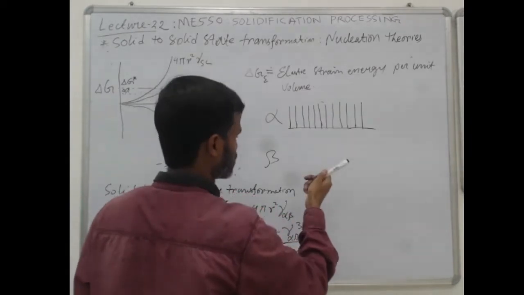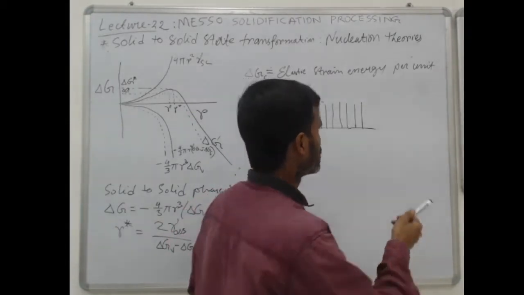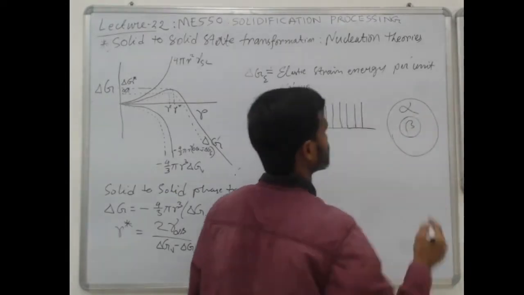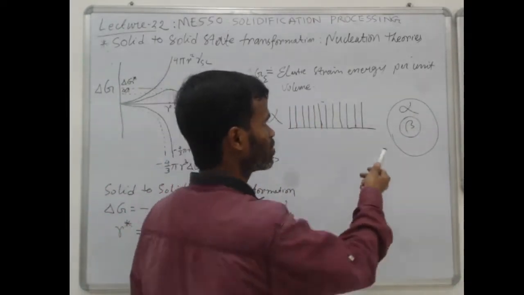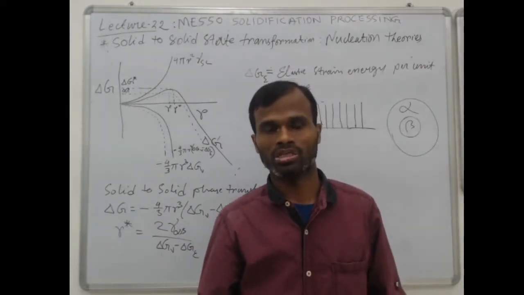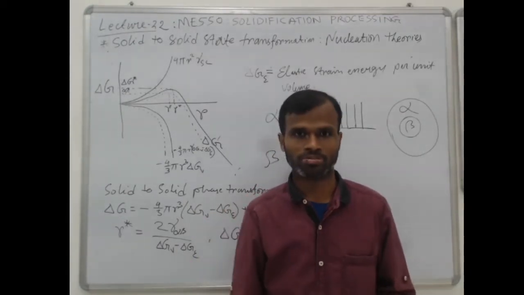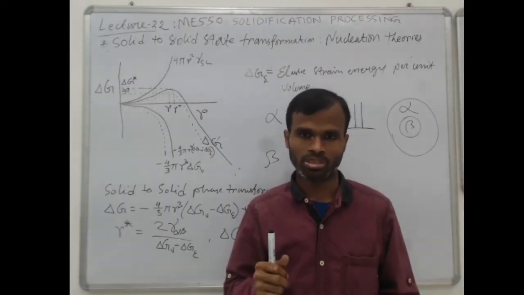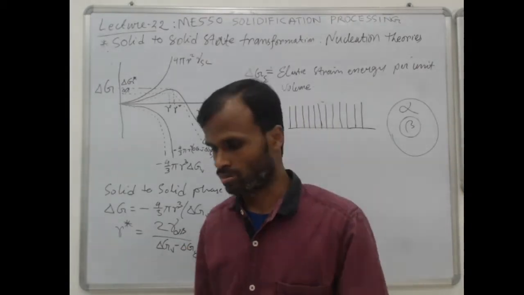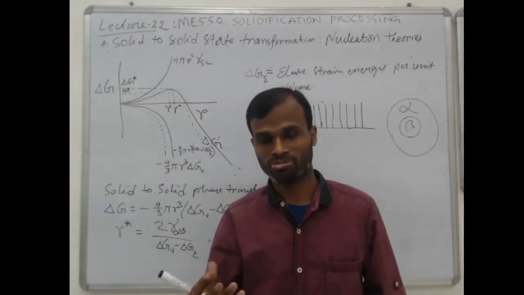When alpha and beta, two phases, coexist, you can consider the beta phase to be an inclusion inside the alpha phase. So the beta phase can have different shapes. What kind of shape will it take? The whole material will try to reduce the overall energy, so it will achieve the shape which is most favorable. There can be a disc-like shape, a needle-like shape, or spherical shapes.